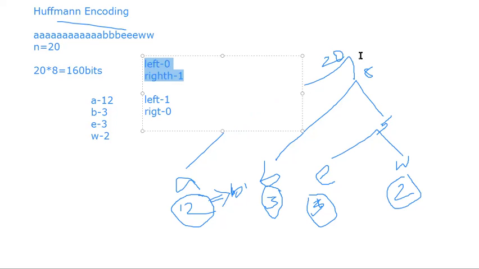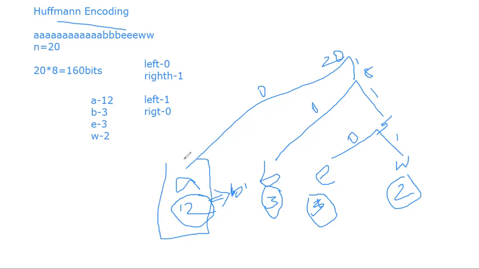Here, left is 0 and right is 1. If you see, A is the high frequency, and it has just one bit to get invoked.